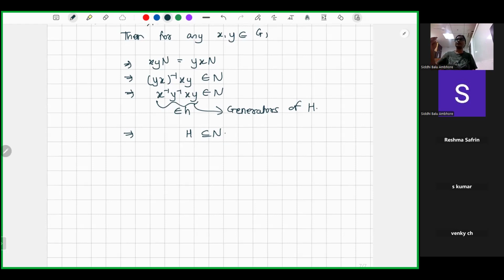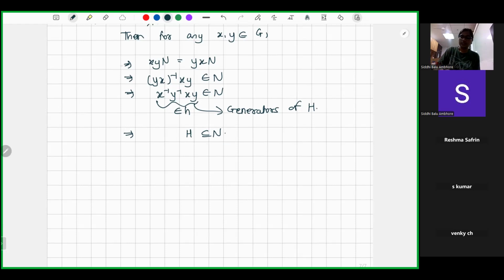And the moment I say that those generators are all inside my N, the entire subgroup will be inside my N, because N itself is closed under the group operation, and that closure property will also give us that H is entirely contained inside N. So showing only that the generators belong to N was enough for us.